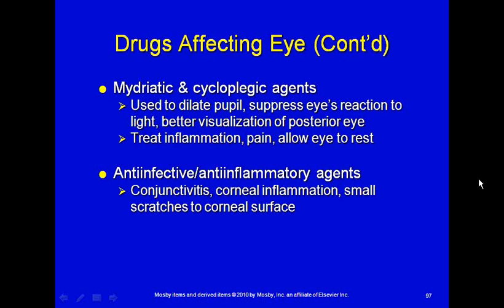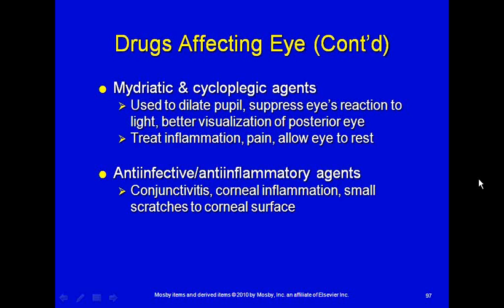But by taking these medications and dilating the pupil, it can be used to treat inflammation, they can be used to treat pain, they can be used to allow the eye to rest. If you've ever been to an optometrist and have had your eyes dilated, you know how difficult that is then when you go out in bright light.